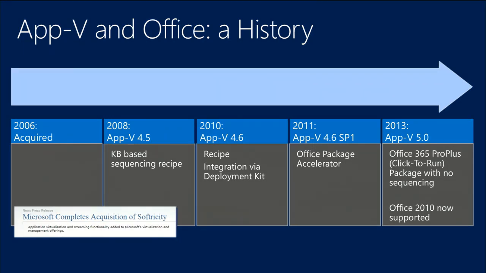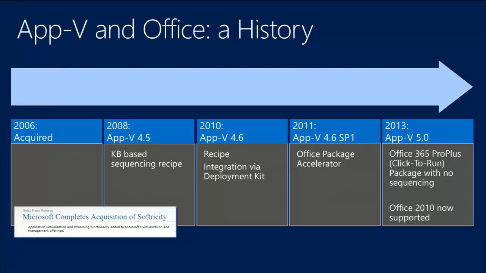And finally, with Office 365, we've created, in conjunction with the Office team, a tool called the Office Deployment Tool, which I'll be demonstrating here shortly, to create Office packages without having to use the sequencer. Super easy. We've taken away almost all of the difficulty in creating Office packages and updating those packages, and we're super excited about that tool.